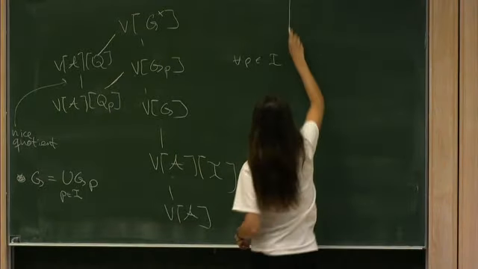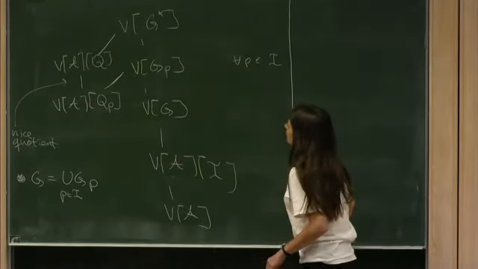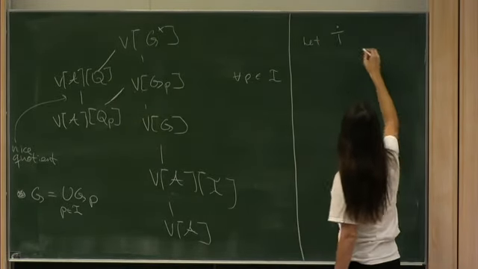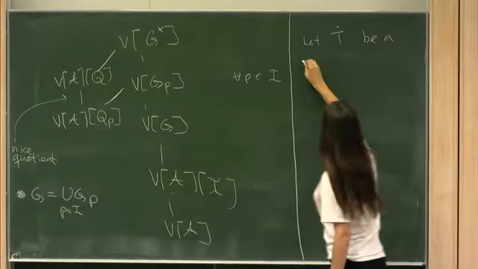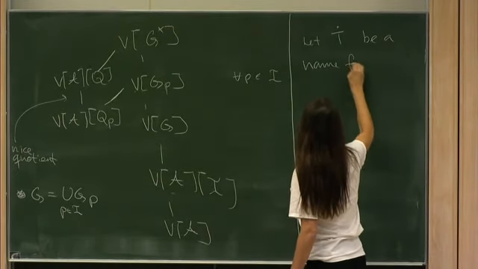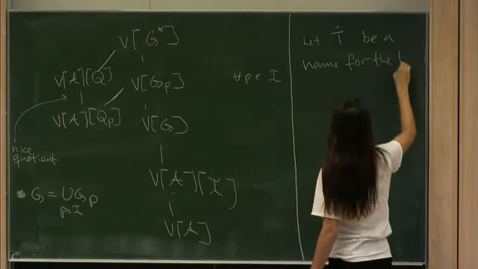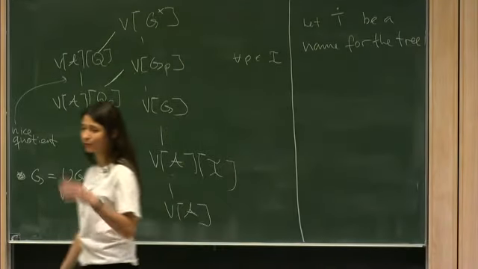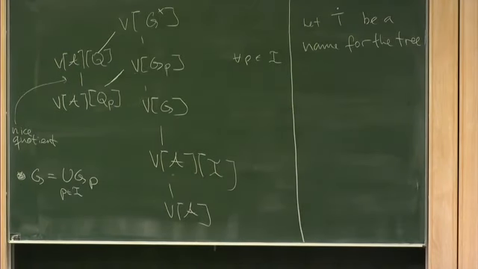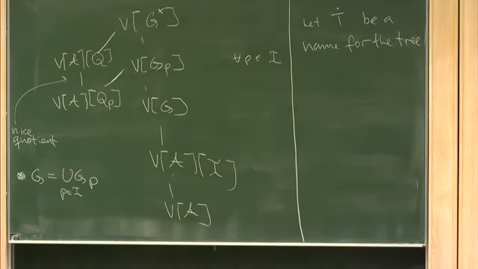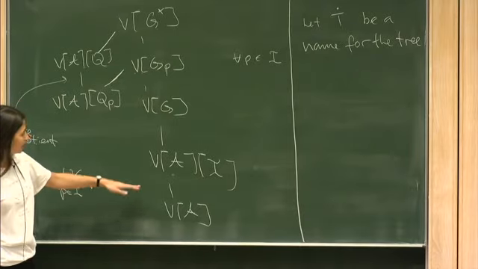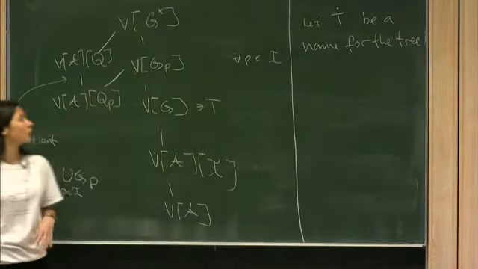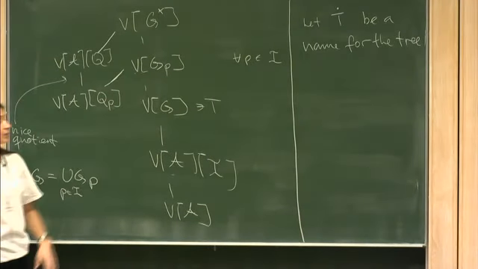Now let me talk something about names. So let P dot be a name for the tree. So you might ask, well, a name in which model for which poset? Well, one can define, starting from, I guess here, the actual tree is in V[G], of course, and it's also in each one of those V[G_P].